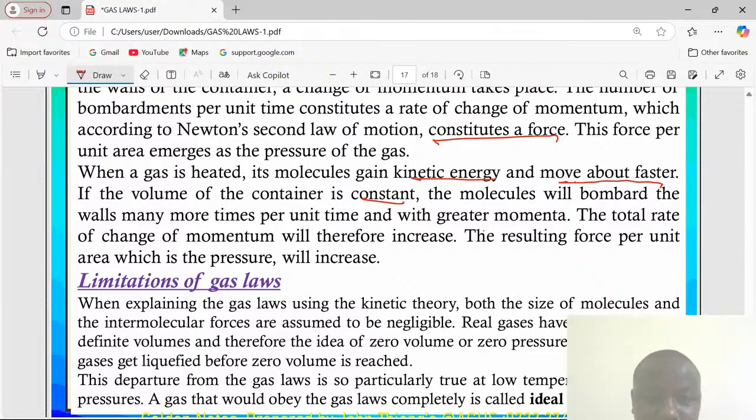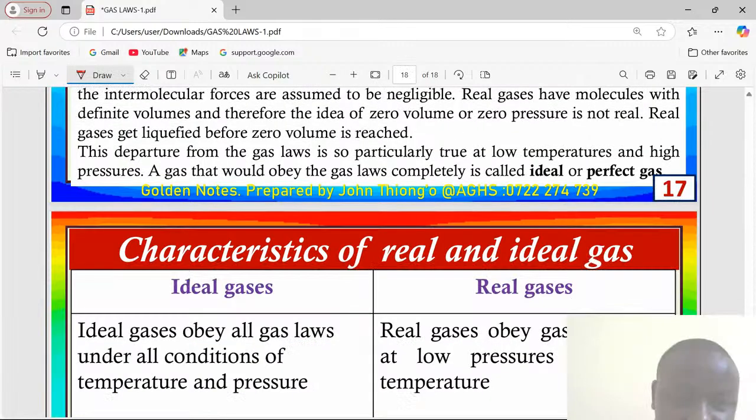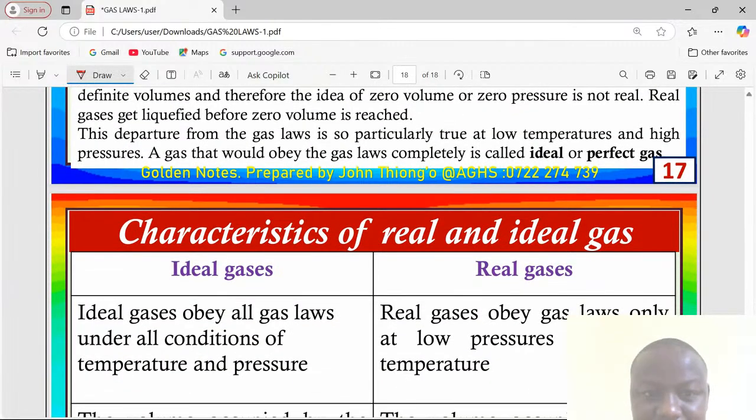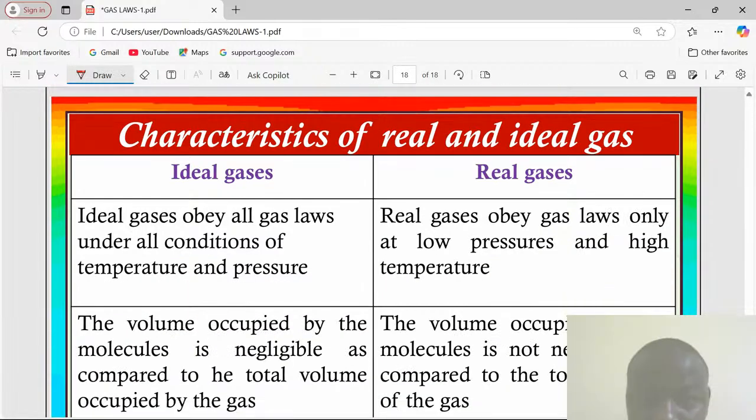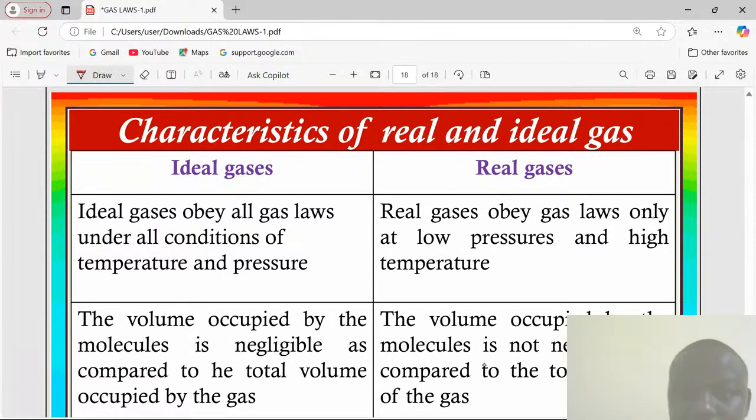This departure from the gas law is particularly true at low temperatures and high pressures. A gas that would obey the gas laws completely is called a perfect gas or an ideal gas, something which is just imaginary. We can look at characteristics of real gases and ideal gases.